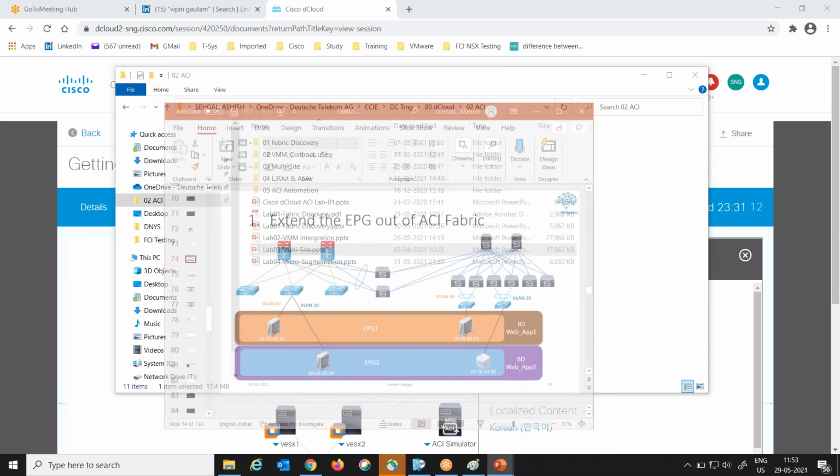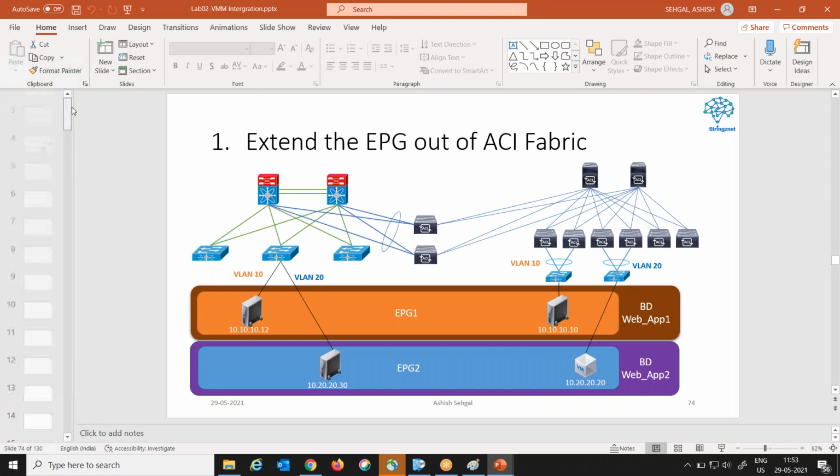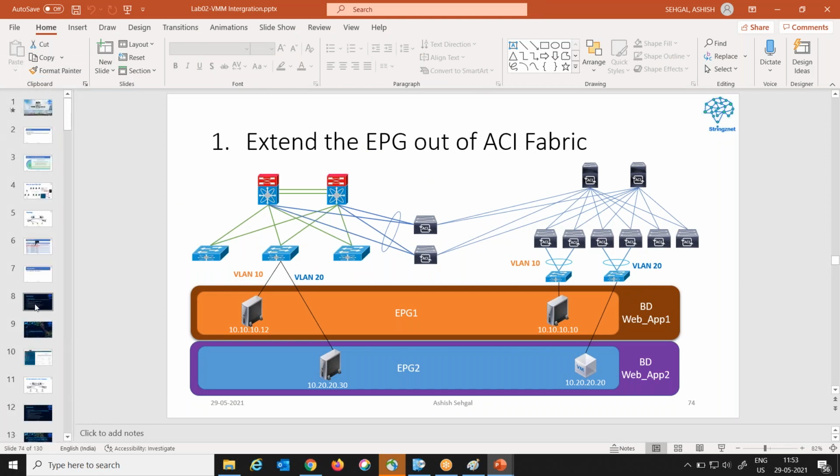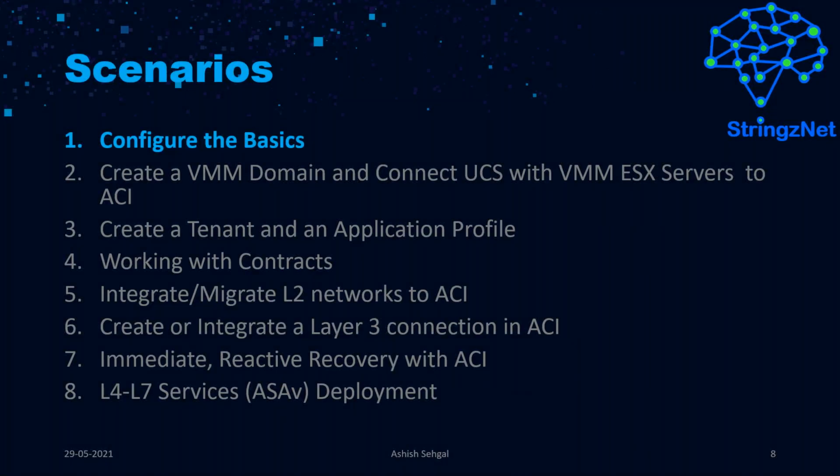For example, for the purpose of our entire labs, these are the labs. The basic discovery in dCloud for ACI: I have broken ACI into 2 labs out of the multiple labs available in ACI, which will cover so many things.